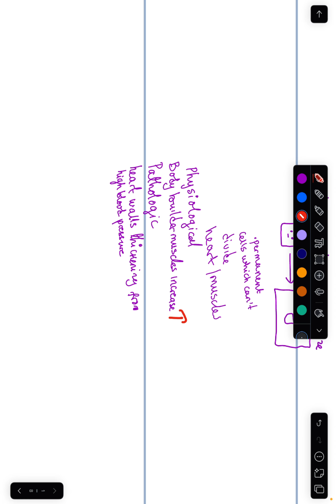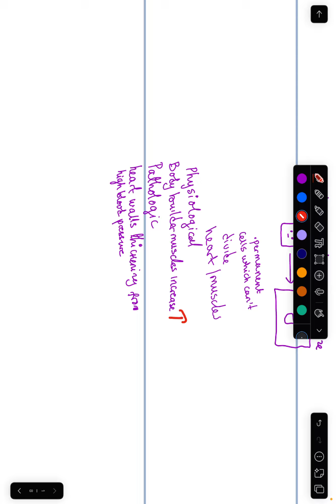For example, if a bodybuilder uses some sort of steroid or hormone-inducing drug to make his muscles bigger, eventually he's going to start putting a lot of strain on those muscles and on his heart. And this is going to cause his heart to also get thicker, right?